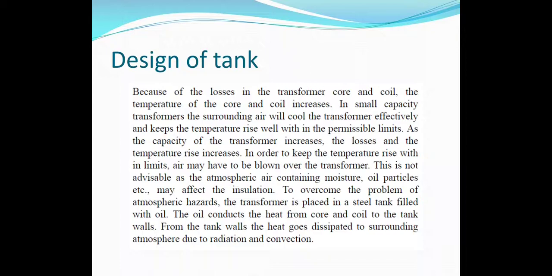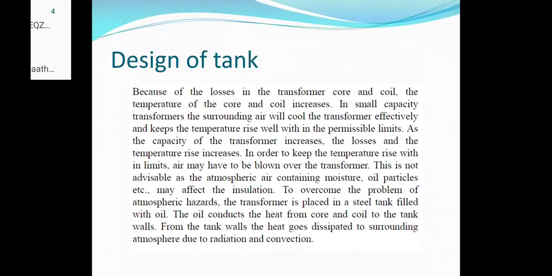In order to bring it down within the permissible limit, we have to allow some cooling medium to reduce the temperature rise. So this is achieved by having a transformer tank with oil. Thus, the purpose of oil is to conduct the heat from the core and coil to the tank walls.